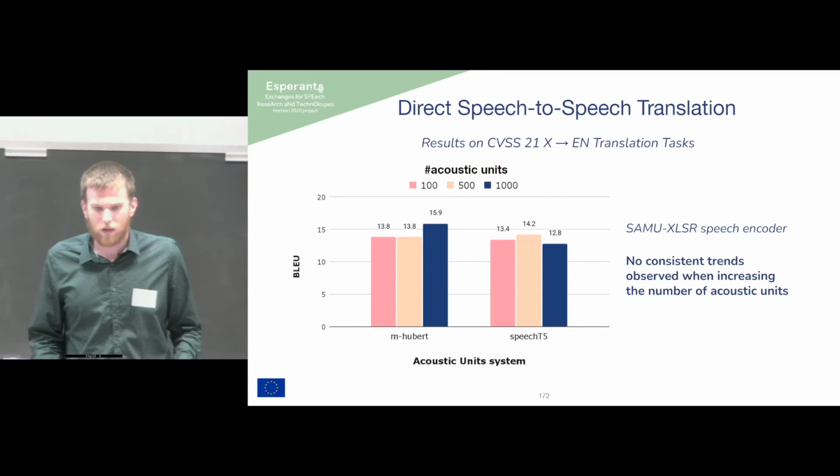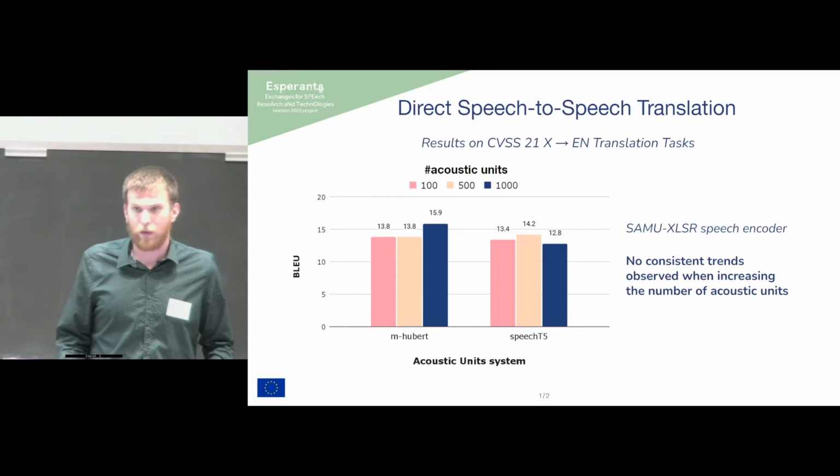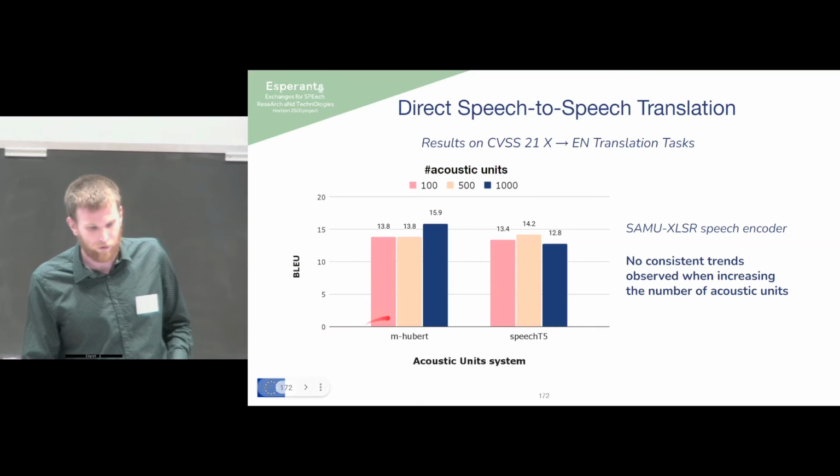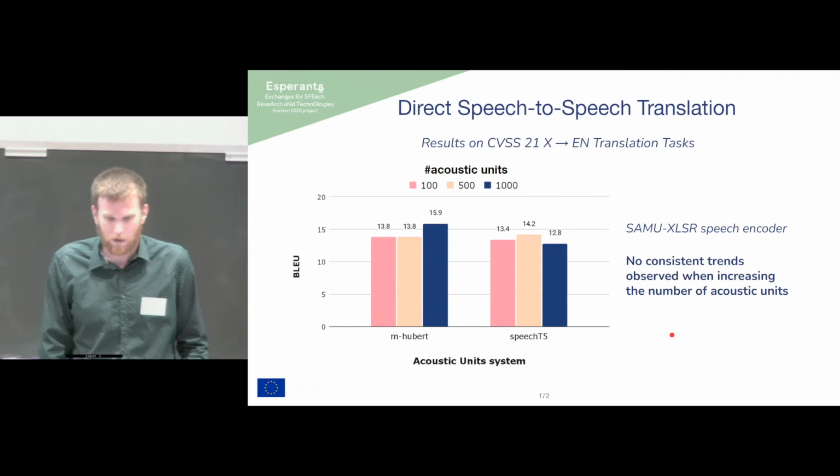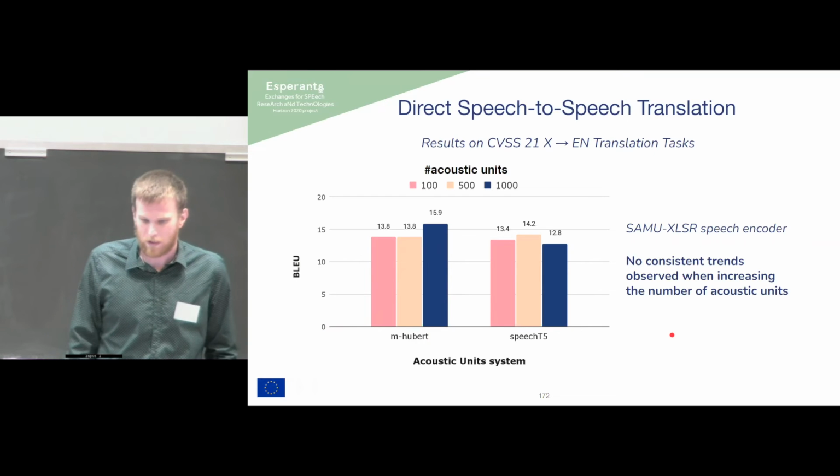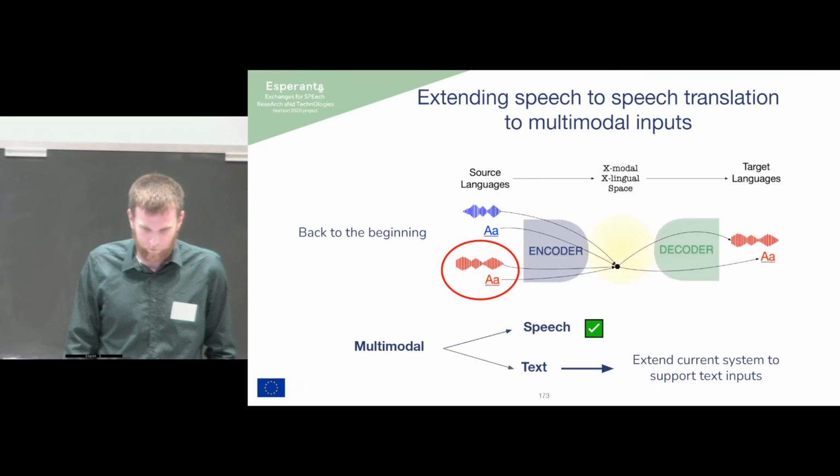We didn't find any consistent trends when increasing the number of units. You can see here, for example, that for the mHuBERT system, we get the best performance for the 1,000 units, but this doesn't hold when using the speech-to-unit system. So we cannot say that we get a better performance when increasing the number of acoustic units.